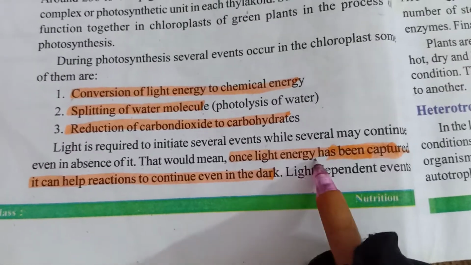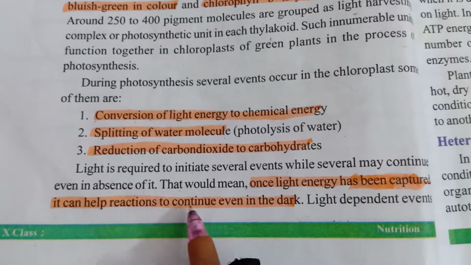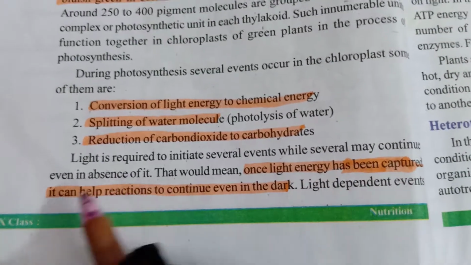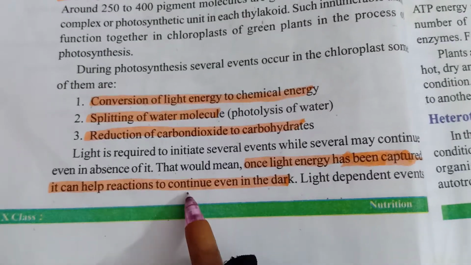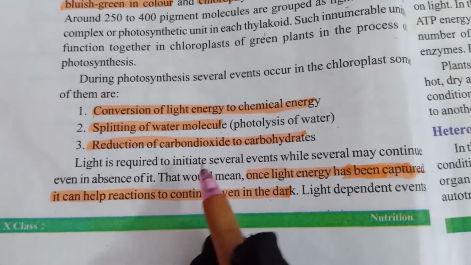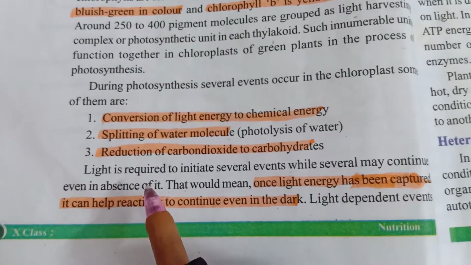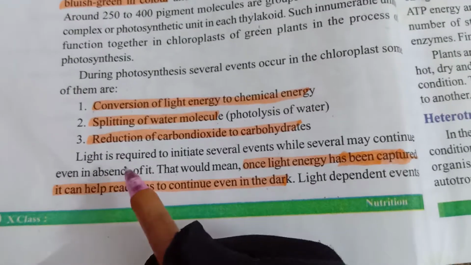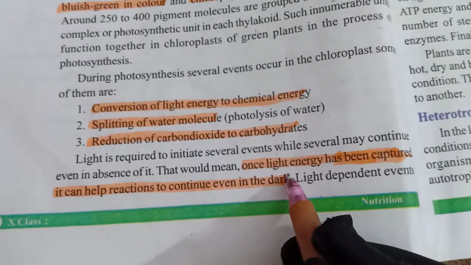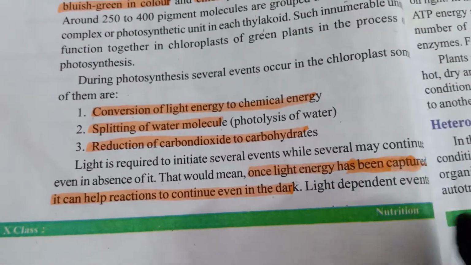Once light energy is captured, it can start the reaction, and the reaction can continue even in the dark. But to initiate, to start the process, light is very essential. After the process has started, even if light is absent, the process will continue.